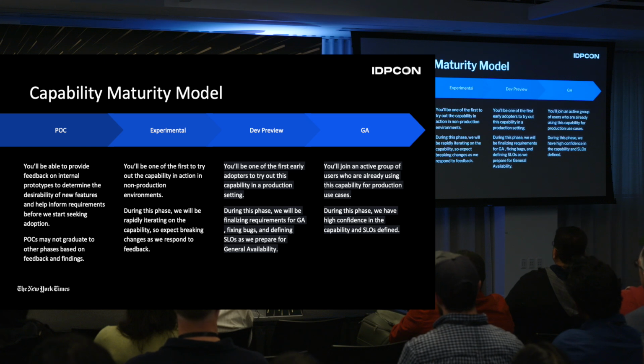And we also came up with this capability maturity model. We had a lot of people in the org referring to the platform or their specific component as beta or alpha or POC. And it was creating some confusion of, what does that really mean? So we borrowed some of this largely from what Google uses for their features. So the idea is you have these different phases of POC, experimental, dev preview, and GA.